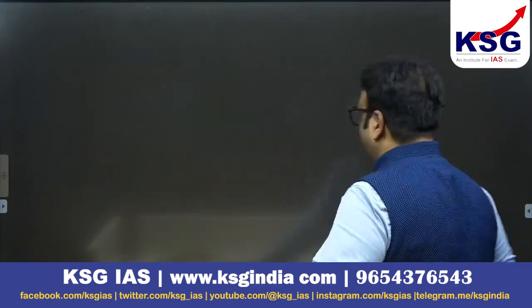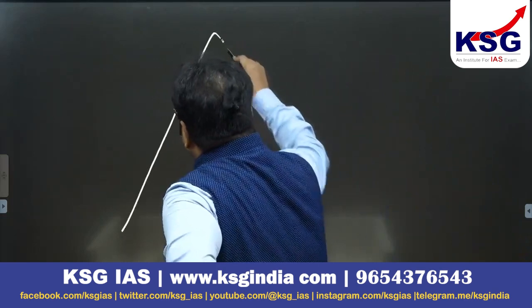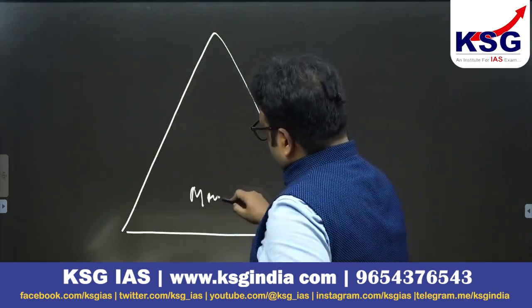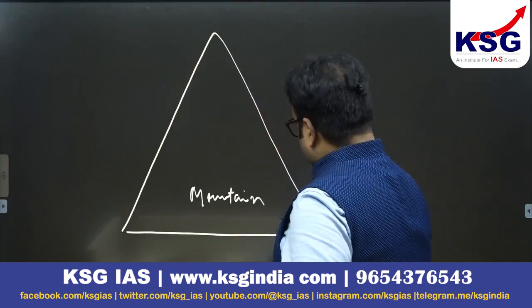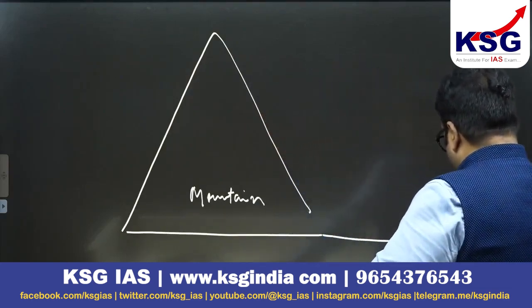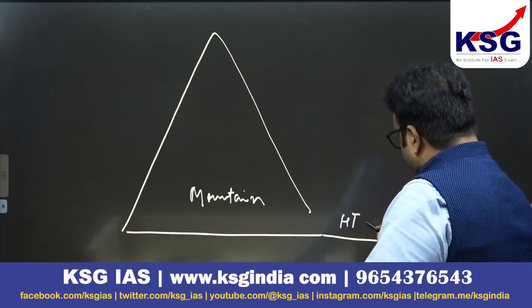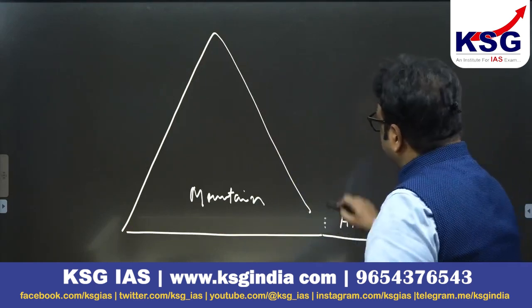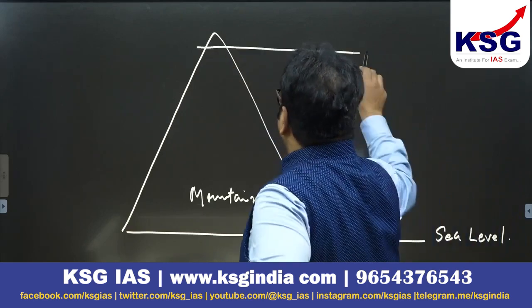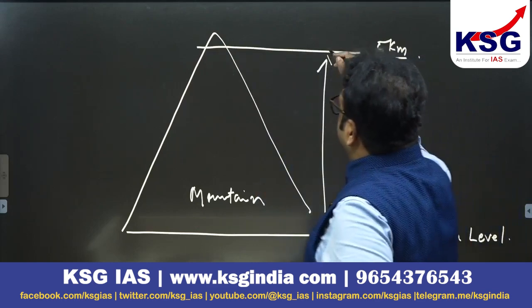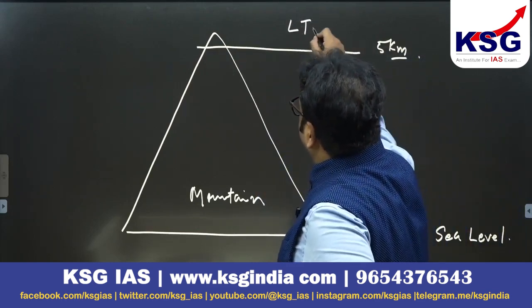But once you go to a certain height, suppose that this is a mountain or hill, and this is sea level. So at sea level there will be high temperature, so there will be low pressure. But once you start moving up and reach a height of say 5 kilometers, the temperature is going to be low.